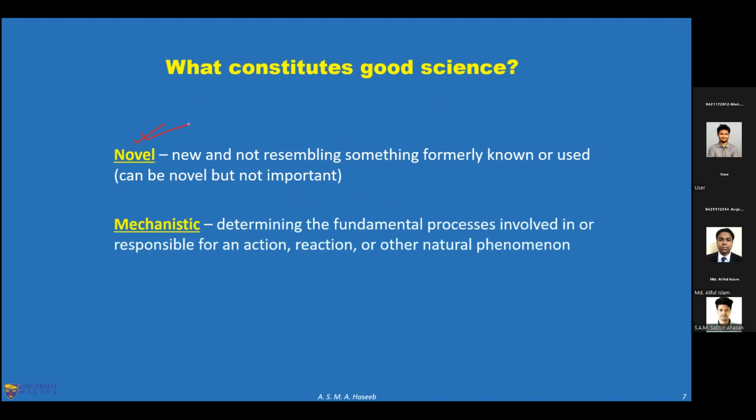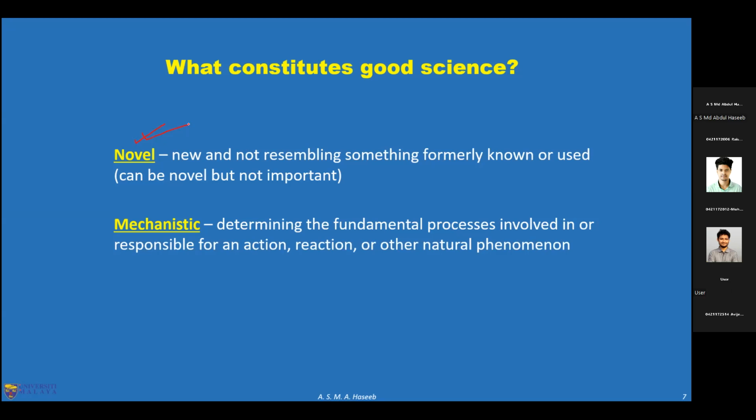The second thing is that it's not just the description of the result that you obtained. In addition to the description, you have to try to explain them from a mechanistic point of view. So what is the mechanism involved when you change one parameter? Why is one parameter dependent on another in a particular fashion?